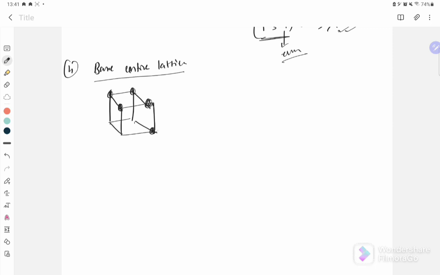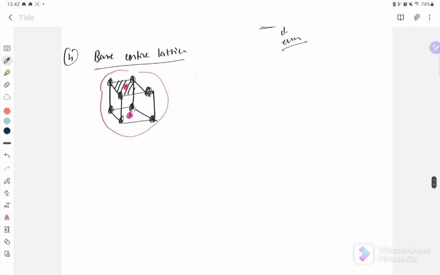If I choose one base or surface, this upper surface, there is an atom at its center, and on the opposite surface there is also an atom in the center of that face. So this is a base centered lattice. The other four surfaces will not have any atom.